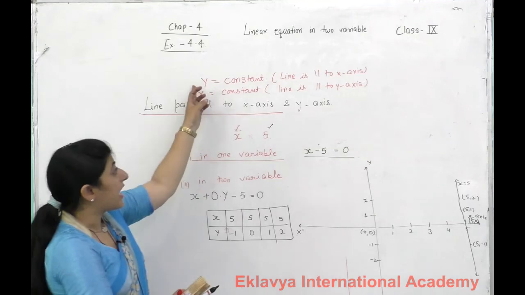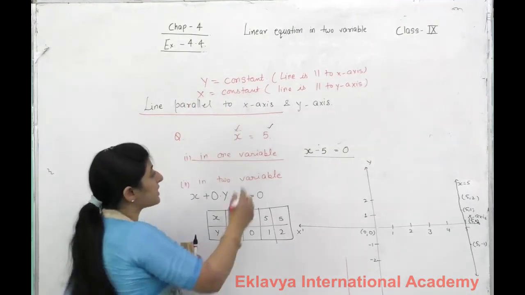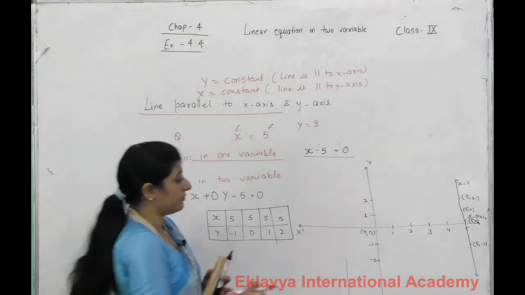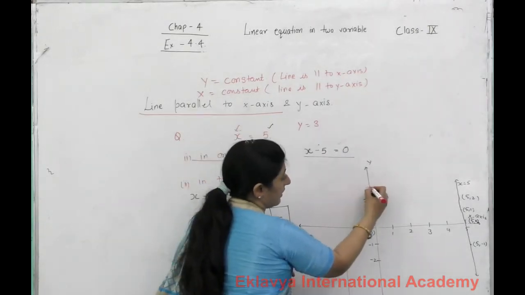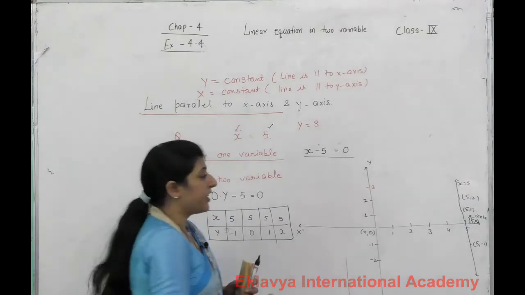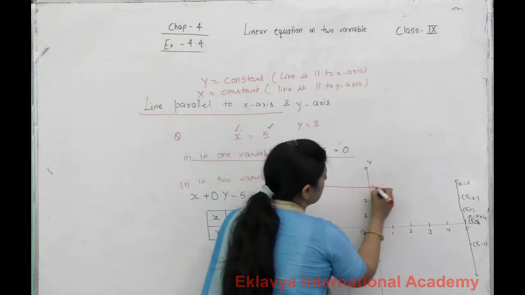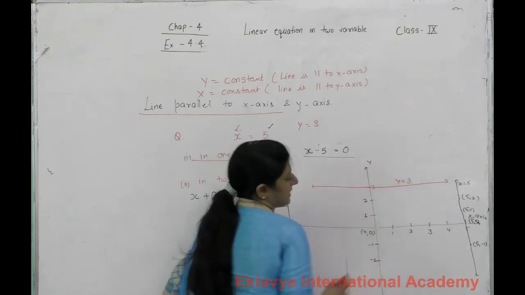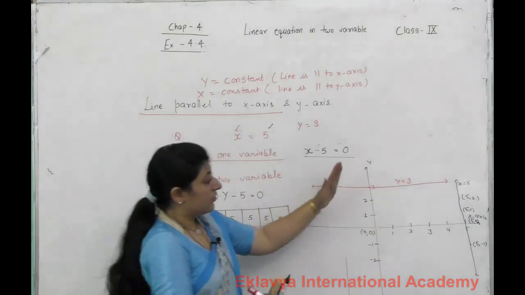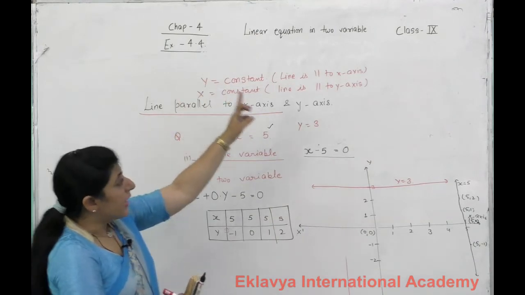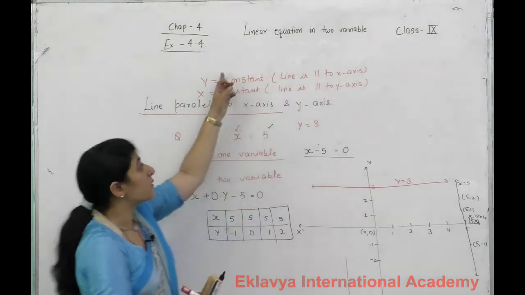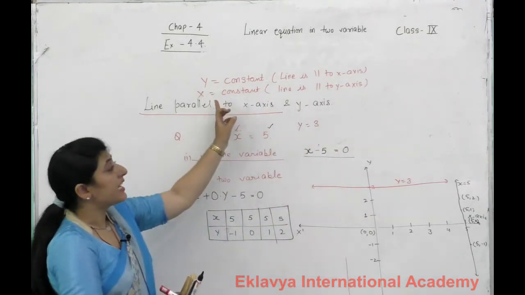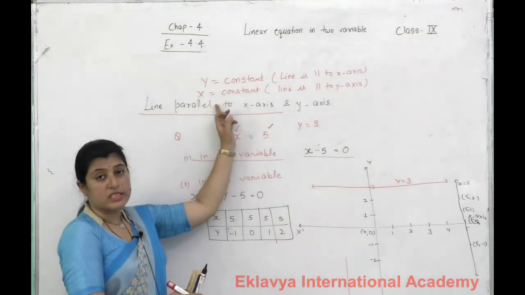And when y is equal to constant, suppose I take y is equal to 3, then we get a line passing through this point and parallel to the x-axis. When a line is parallel to the x-axis, then y is equal to constant. If a line is parallel to the y-axis, then x is equal to constant.